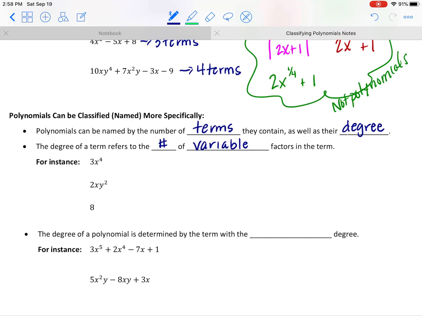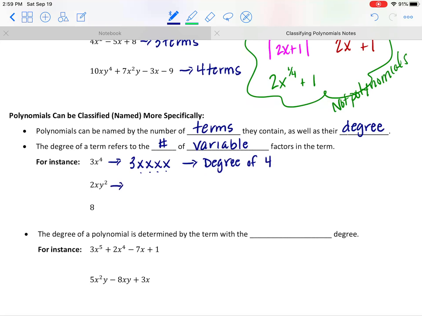How many variables are being multiplied in the term? So for example, this 3x to the 4th term, technically 3x to the 4th means 3, and then x to the 4th means I'm multiplying x by itself 4 times. That means x is a variable factor 4 times in that term. So we would say that this term has a degree of 4 because it has 4 variable factors. It has 4 x's in there.